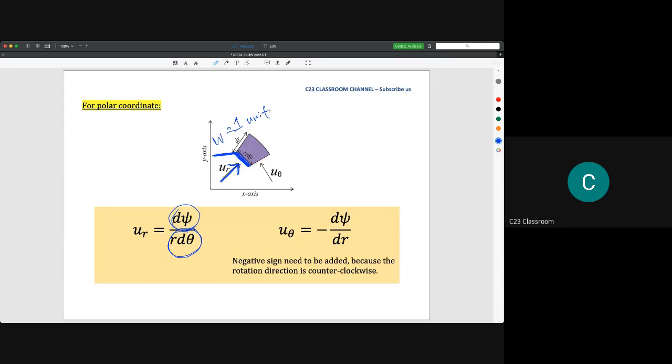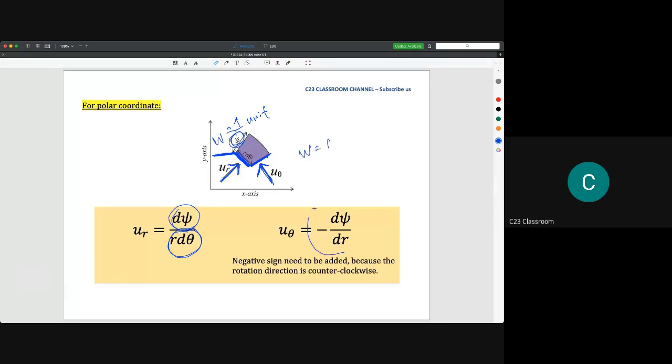And for u theta here, we have negative d psi over dr. So this is the velocity u theta, and then we divide by the cross-sectional area here. So this is dr, as stated here, and the width w is equal to 1.